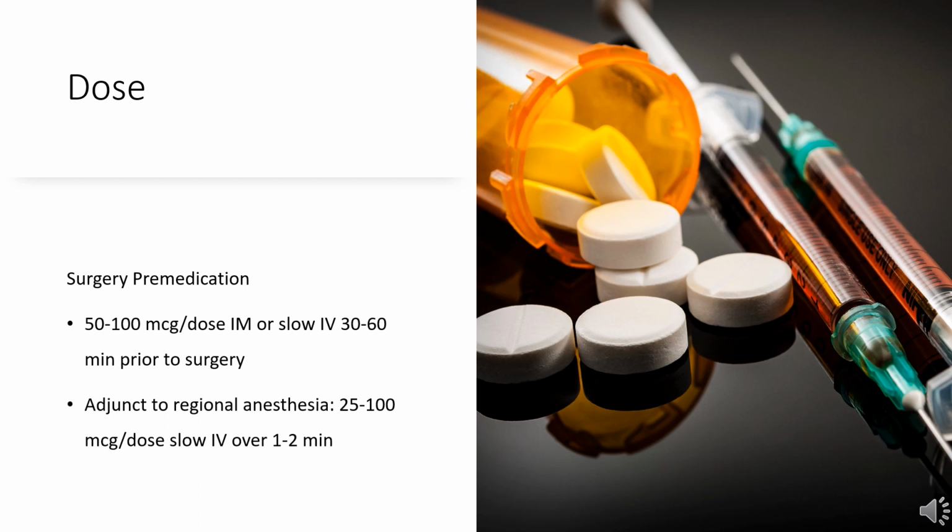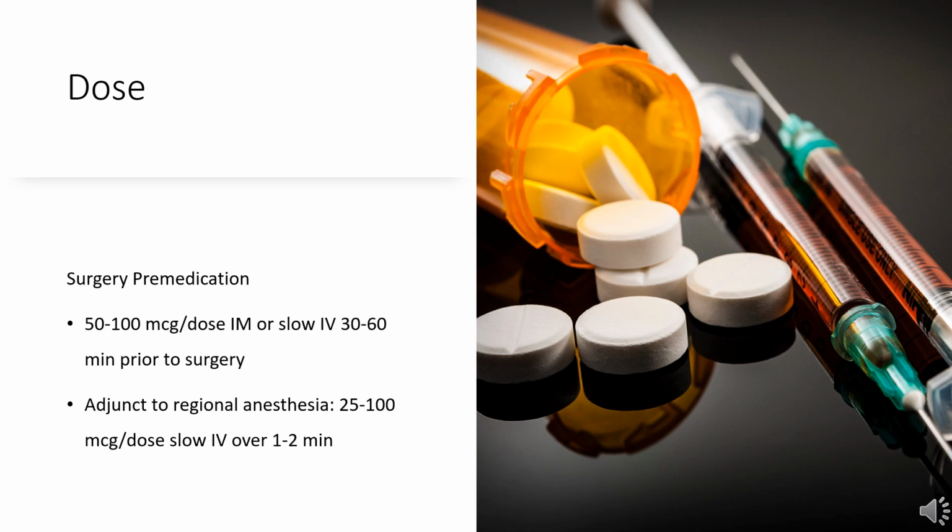Dose. Surgery premedication: 50 to 100 mcg/dose IM or slow IV 30 to 60 minutes prior to surgery. Adjunct to regional anesthesia: 25 to 100 mcg/dose slow IV over 1 to 2 minutes. General anesthesia, minor procedures: 0.5 to 2 mcg/kg/dose IV.